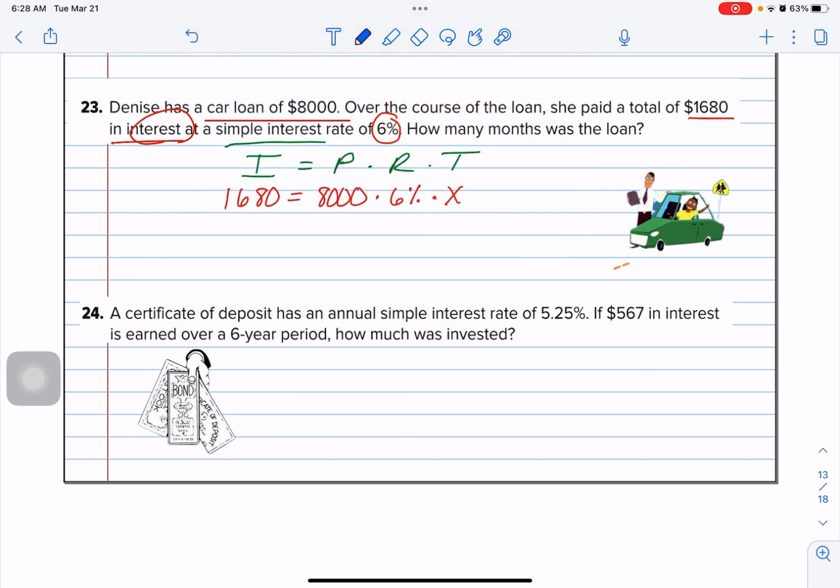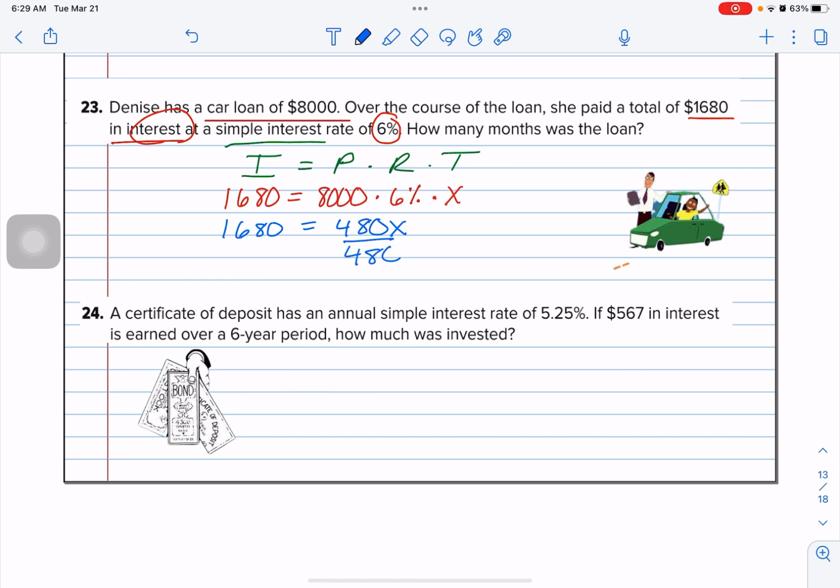So the first thing I'm going to do when solving this is put together the 8,000 and the 6%. So I'm going to do 8,000 times 6%, and I find out that 1,680 is going to equal 480 times x. Well, what's the opposite of multiplying by 480? Dividing by 480.